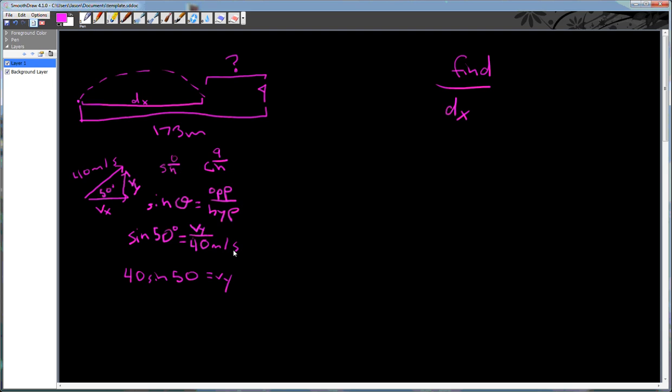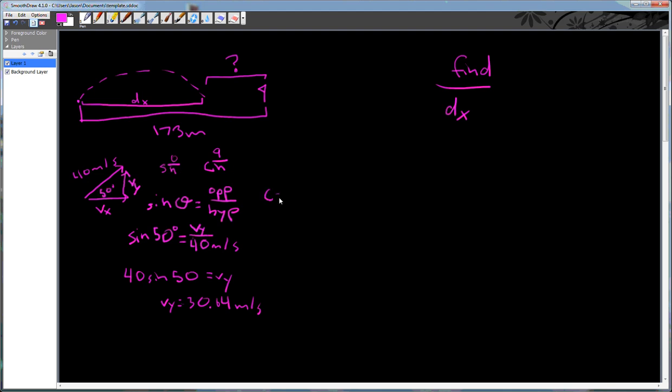Calculator action: 30.64. So our Vy is 30.64 meters per second.